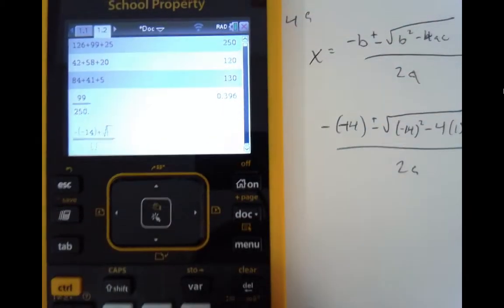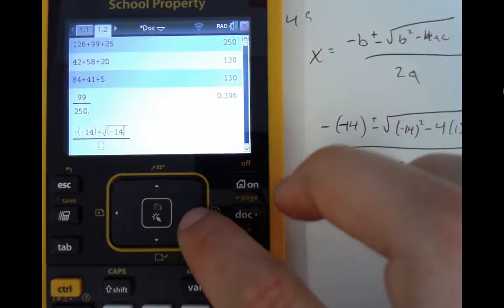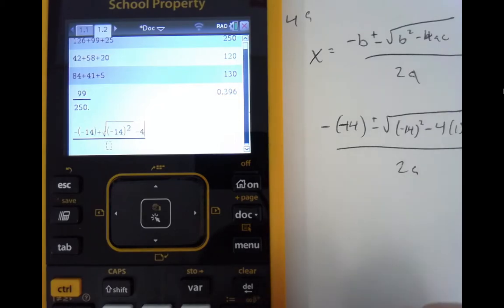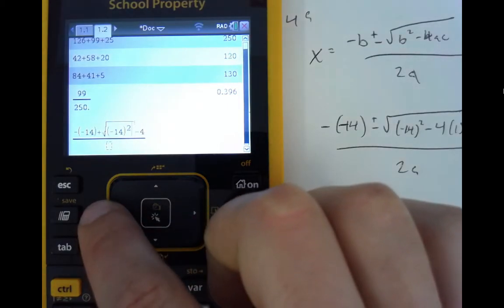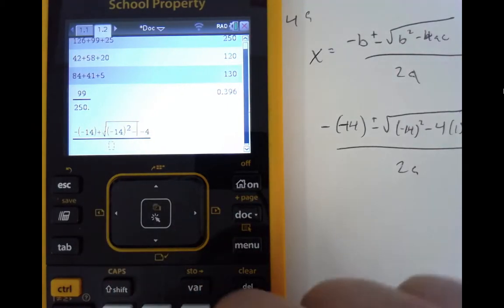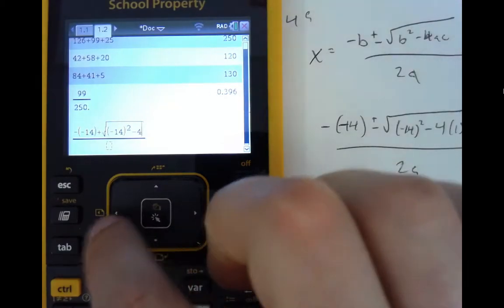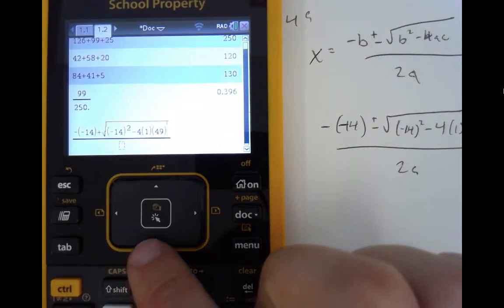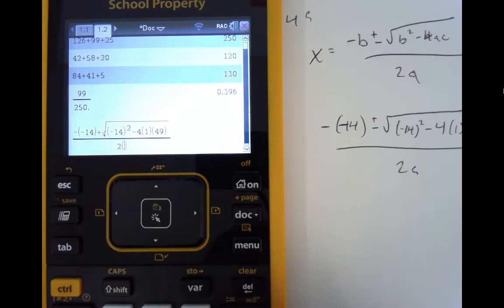Negative 14 in parentheses, negative 14 squared, minus 4. Whoops, issue. I came outside of the square root. I don't want to do that. Minus 4ac, all over 2a, and a is just 1.